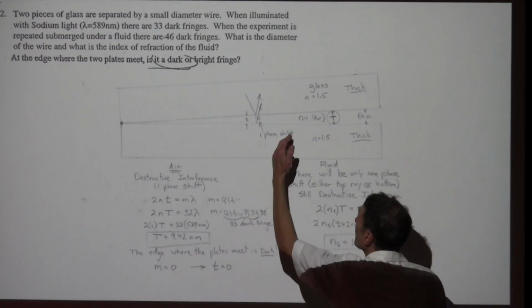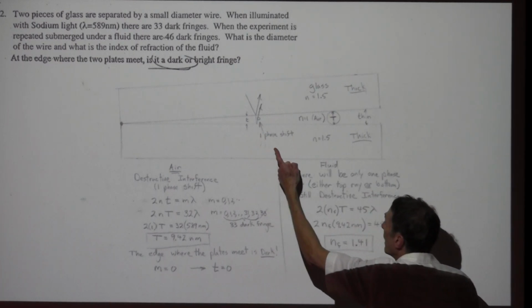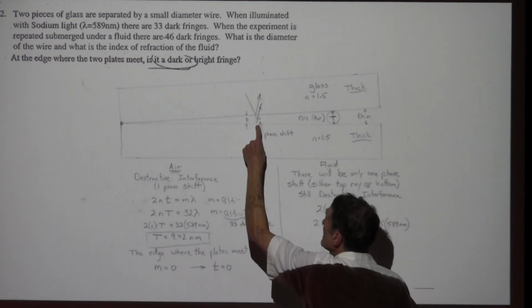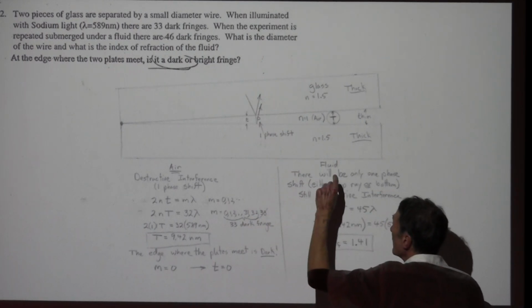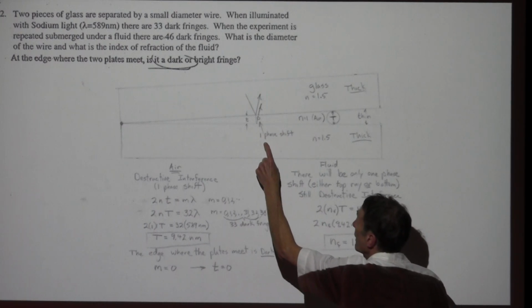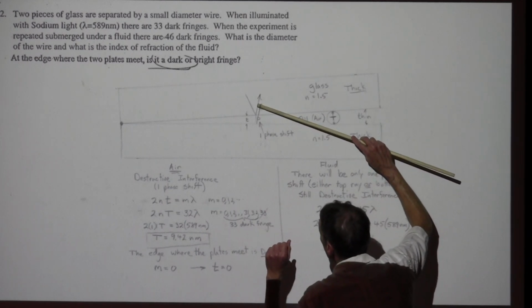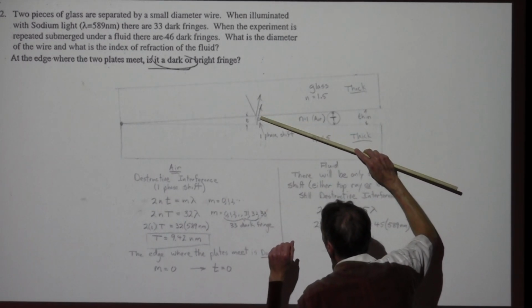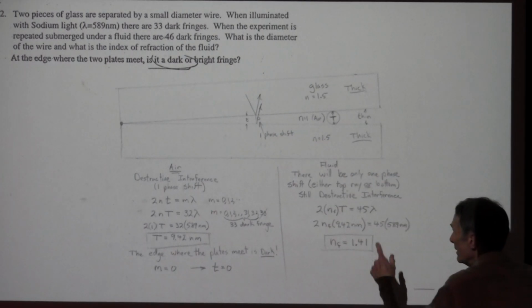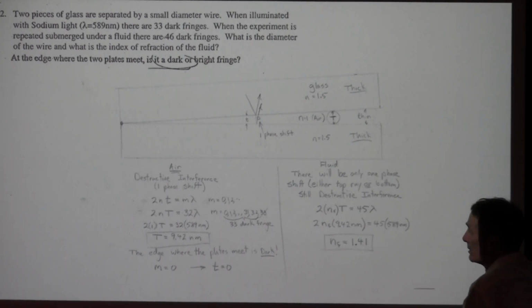Is it higher or lower than 1.5? Maybe it's less. If it's less, then this stays the picture. If the fluid has an index of refraction greater than 1.5, then we will still have just one phase shift, but it will be the top one that's phase shifted and the bottom one won't be. It doesn't matter. It's still a case of destructive interference.